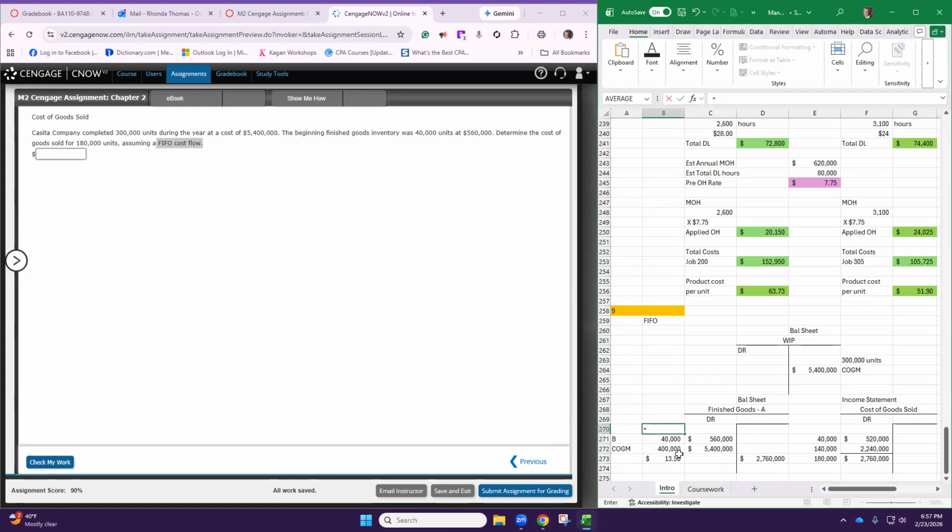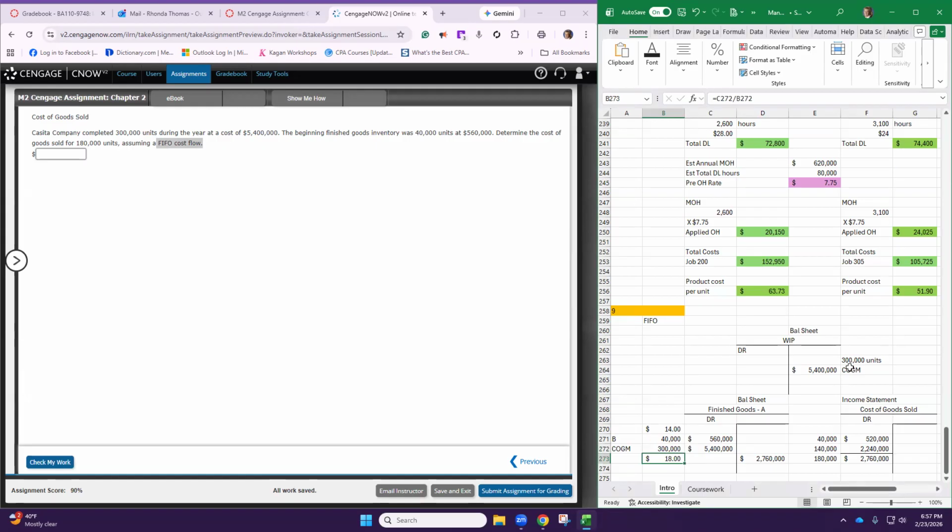So to get the amount that this cost us, take the total and divide it by the number of units. So that's $14.